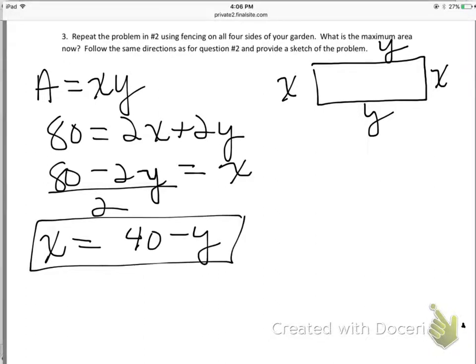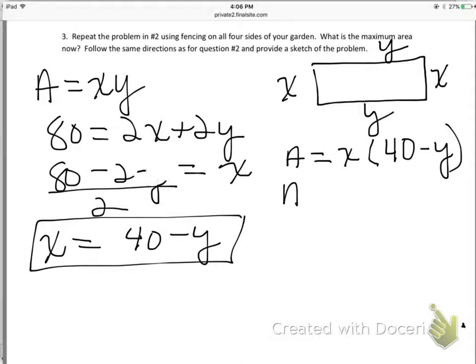Okay, I need that because my objective function was written in terms of x and y. Now I'm going to write it in terms of just x. Actually, I don't want to do that, I want to reverse it. Let me just backtrack a little bit.